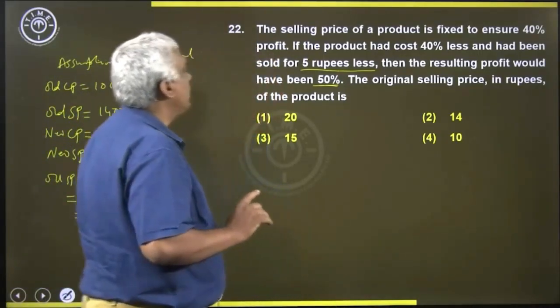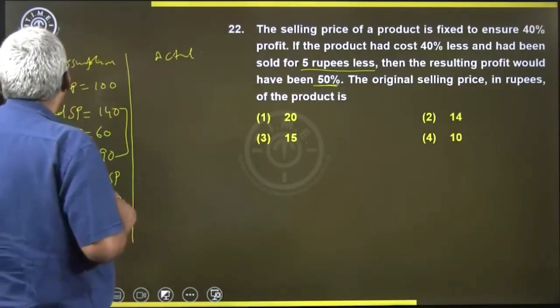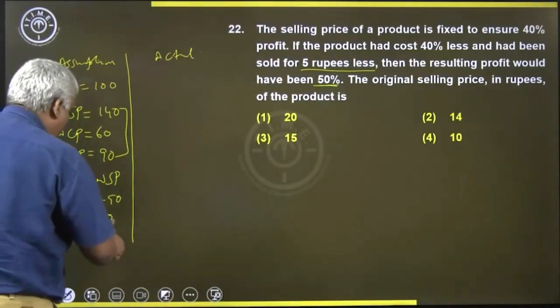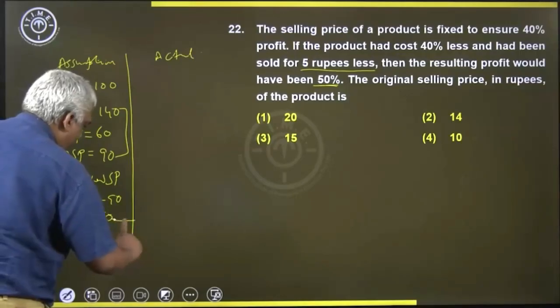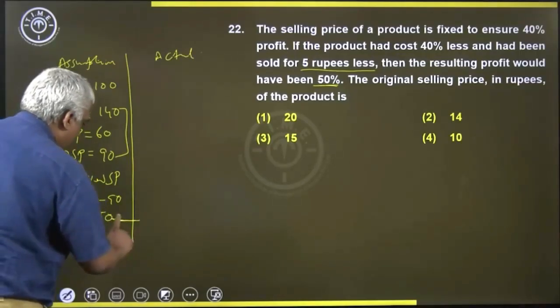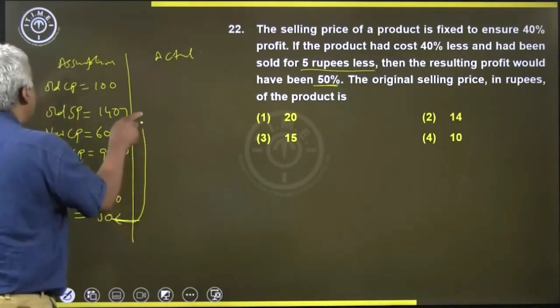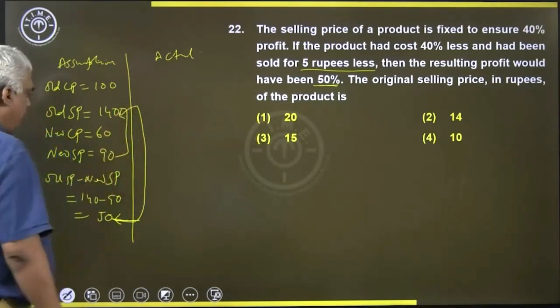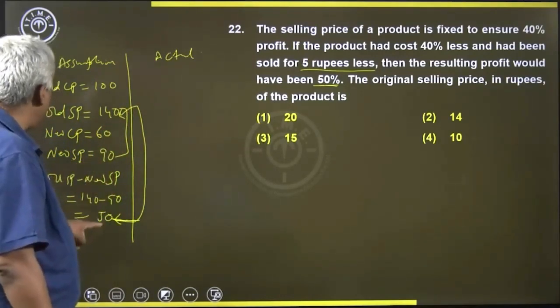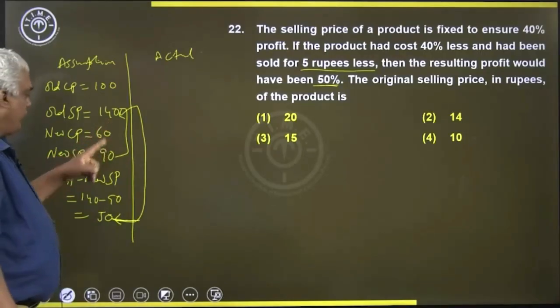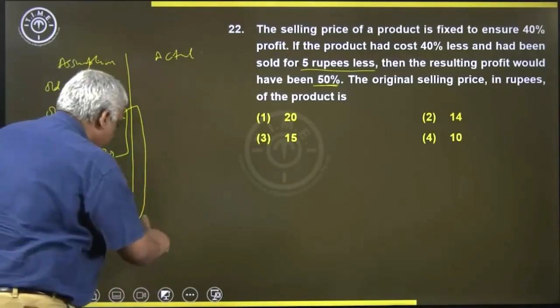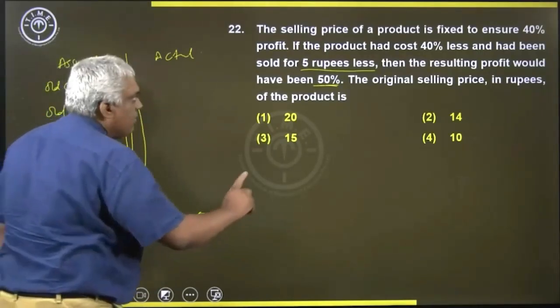They are asking the original selling price in rupees. So, when the difference is 50, the selling price was 140. Now the actual difference is given as 5.